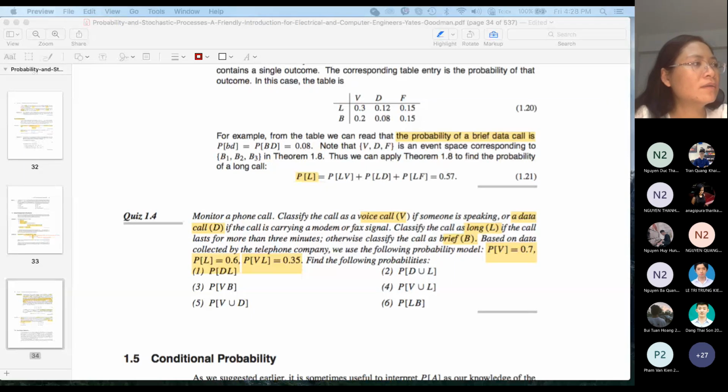Lê Quốc Hưng. I'm here. Okay, fifth question, B union D. Nguyễn Huy Hùng. I'm here. Okay. Sixth question, probability of LB. Now, 5 minutes for all of you, and the other students, please do all of the questions.